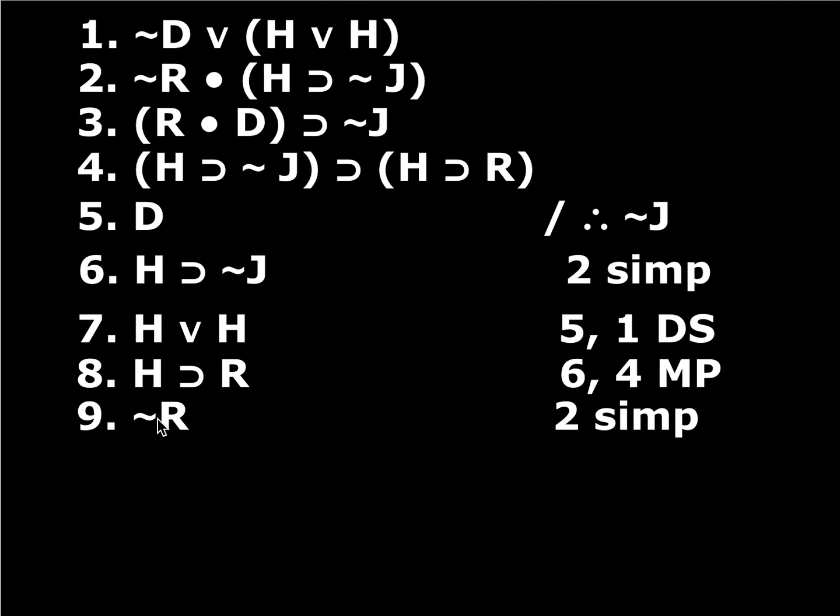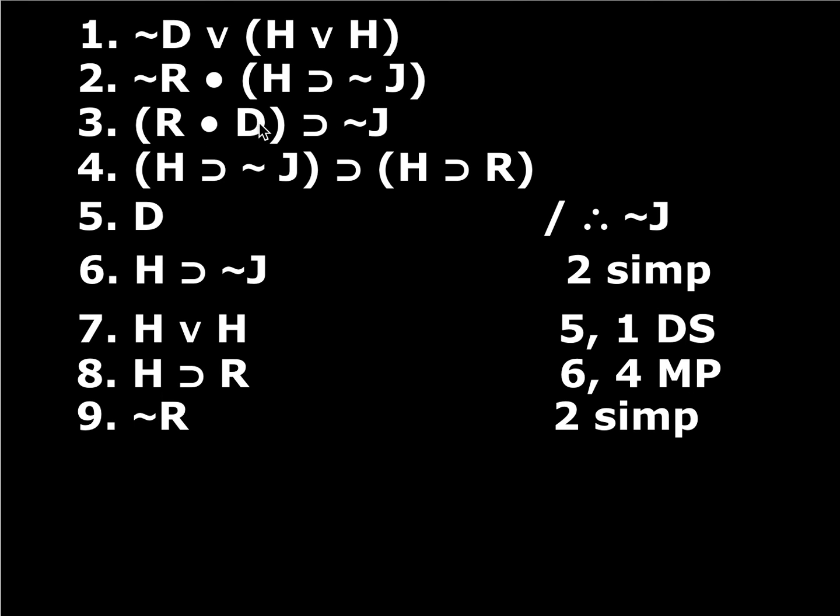Why am I going to do that? Well, you'll see. And again, this is something that you'll be able to see when you get confident with the rules. You've done a lot of practice. I'm trying to get not J. That shows up a few places.